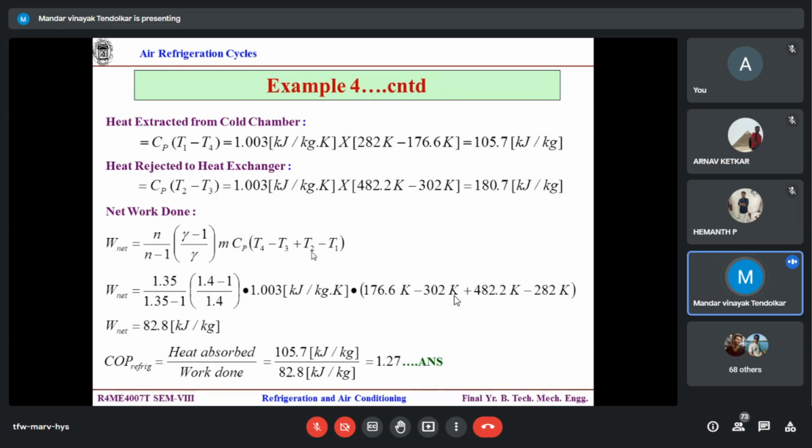M is assumed to be 1, so no problem. Finally, you get the same expression. Is the calculation correct? Yes, sir. Okay. So COP 1.27, 1.3, whatever it is.